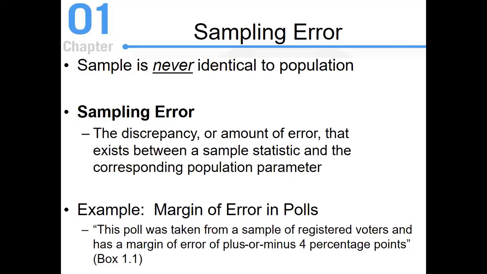And we're confident that if we really measured all Republicans, all Democrats, all independents, if we really had access to the entire population of each one of these groups, the true result would be about 4 points above or below what we got here in this sample. There's a margin of error of about 4 points above and below what the sample has reported. That is sampling error.